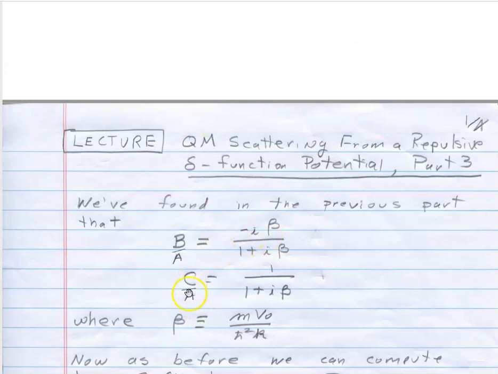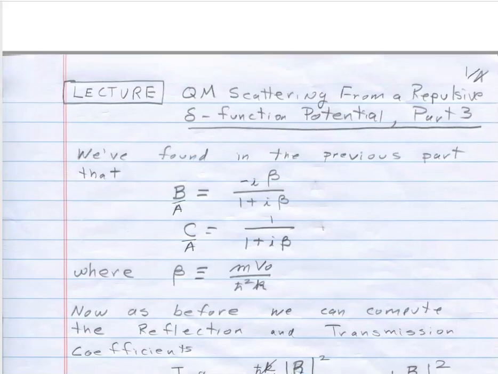And the transmission amplitude to the incident amplitude is this expression, where this dimensionless parameter beta is m V naught over h bar squared k.